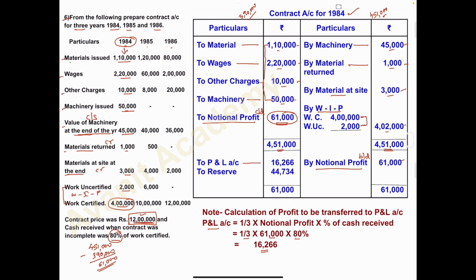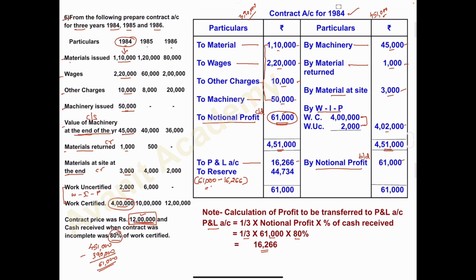To profit and loss account 16,266. And the remaining balance is transferred to reserve. So what is the total value? The total notional profit amount is 61,000. From this 61,000, 16,266 amount is transferred to profit and loss account, and the remaining balance we have to transfer to reserve.